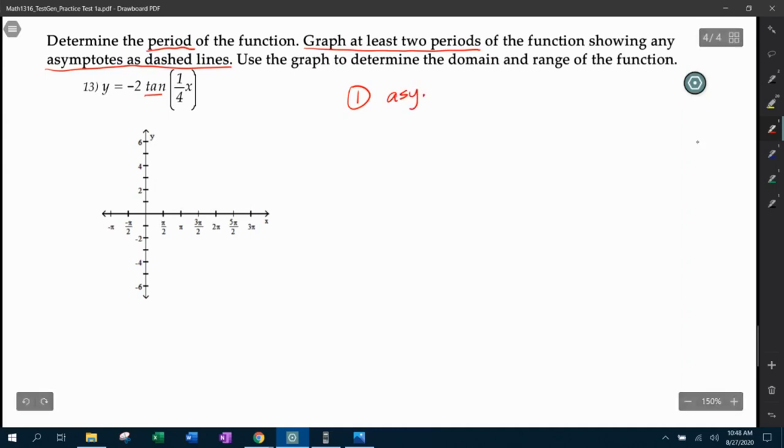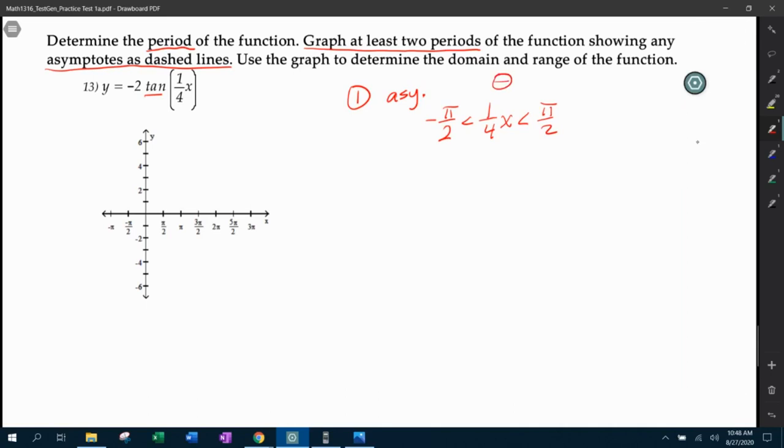And we know that for tangent, at least 2 consecutive asymptotes are going to be bounded between negative pi over 2 and theta and positive pi over 2. This is the way that you set up and find your 2 consecutive asymptotes. Theta goes in the middle. It's always negative pi over 2 to pi over 2.